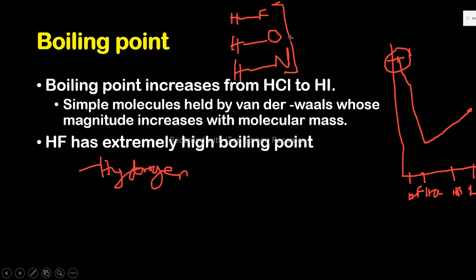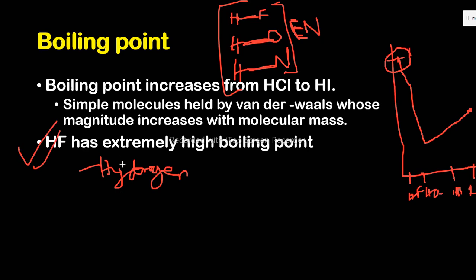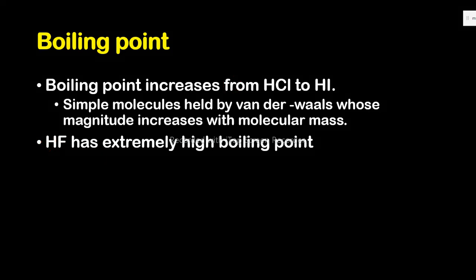Because they are highly electronegative atoms, and so they polarize the hydrogen fluoride, hydrogen oxygen, and hydrogen nitrogen bonds. As a result, you end up forming hydrogen bonds among the molecules of hydrogen fluoride, and these hydrogen bonds are too strong to be broken easily, which accounts for the high boiling point of hydrogen fluoride.